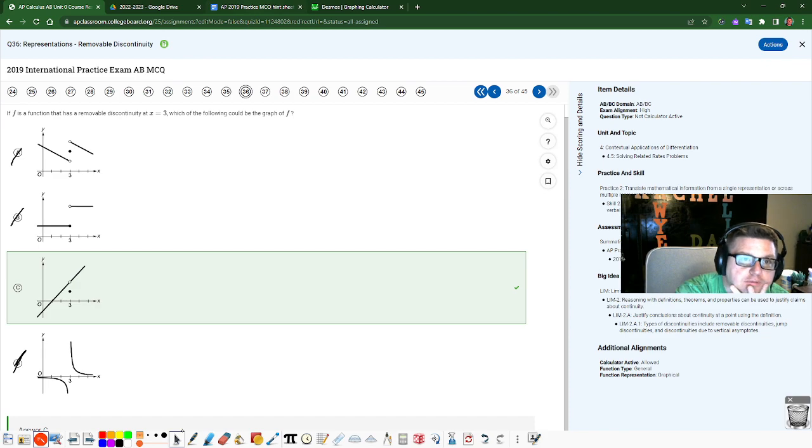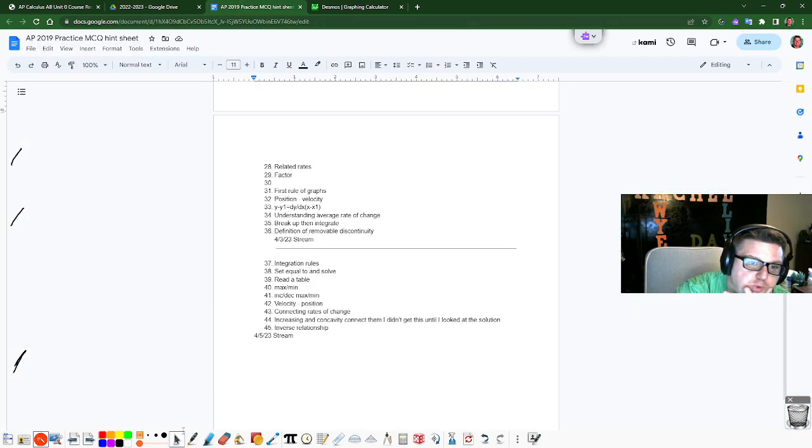All right, so that gets us through 28 through 36. On Wednesday, we will finish up the last of this. Look at number 44. Increasing and concavity, connect them. I didn't get this until I looked at the solution. Yeah, break up the integrand.